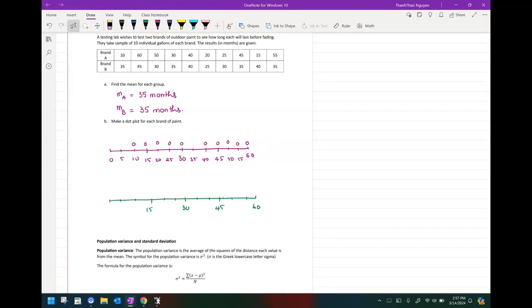So the first brand B paint faded at 35 months, then 45, then 30, 35.